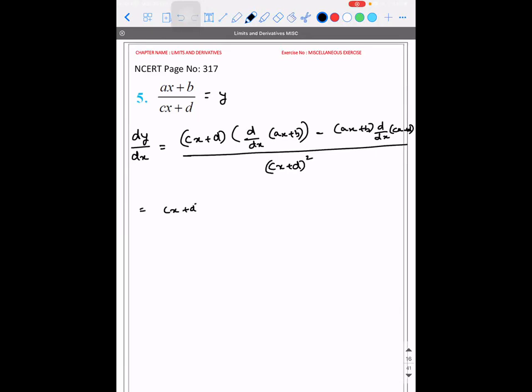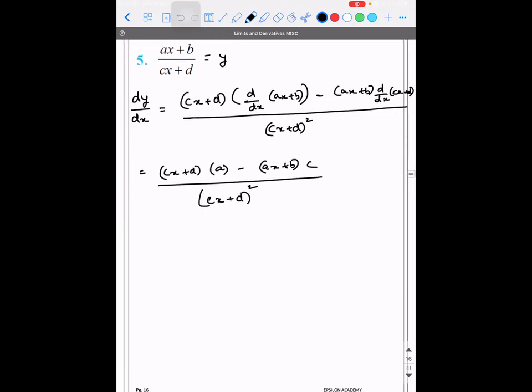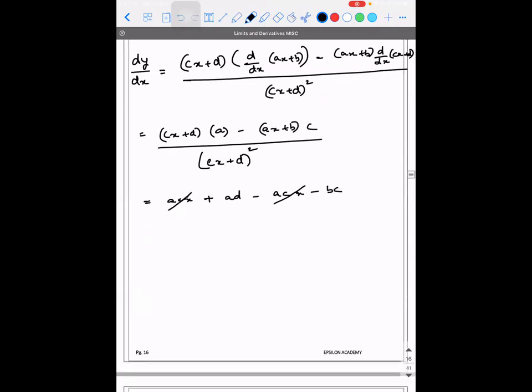So cx plus d into derivative of ax is a, minus ax plus b into derivative of cx plus d is c, the whole divided by cx plus d the whole square. So what will you get? ACX plus AD minus ACX minus BC. ACX are gone, divided by cx plus d the whole square. AD minus BC divided by cx plus d the whole square. This is the simplified form of it.